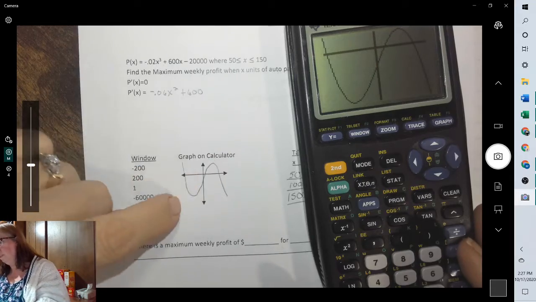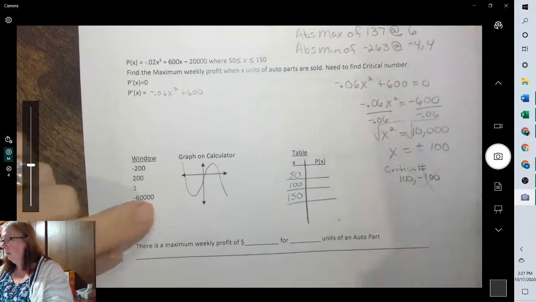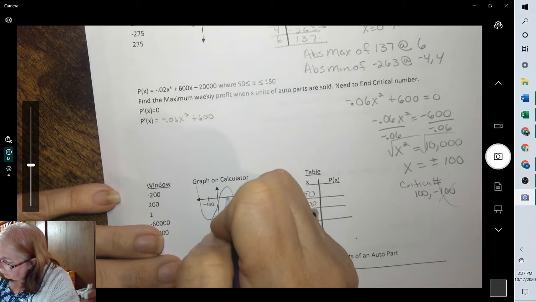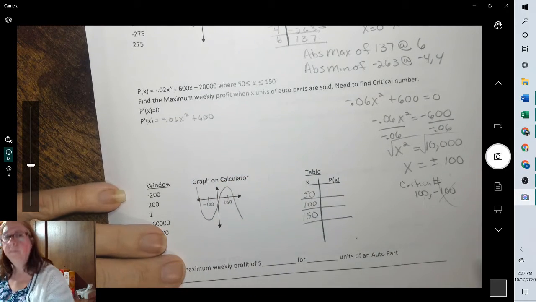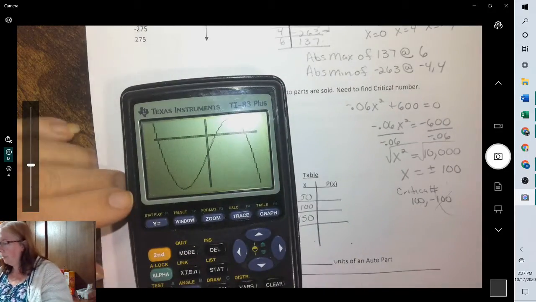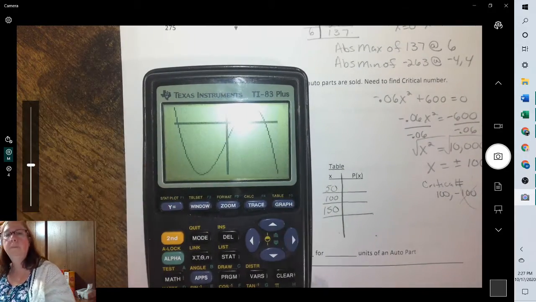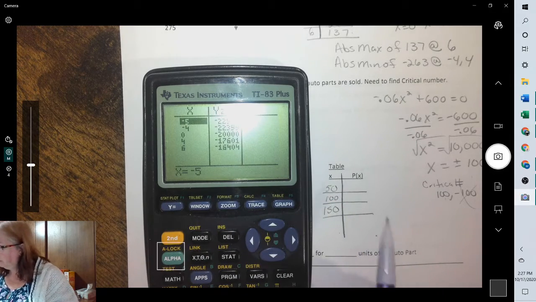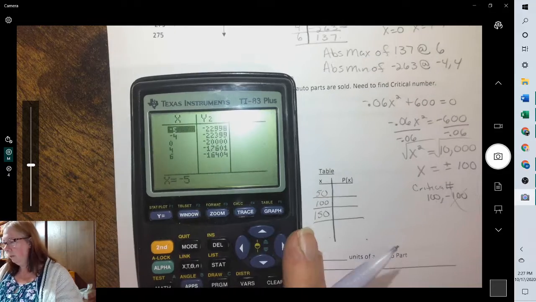Increasing and decreasing change at 2 spots, and we had 2 critical numbers. This would be at -100 and 100. To find these values, go to our table. We plug in 50.